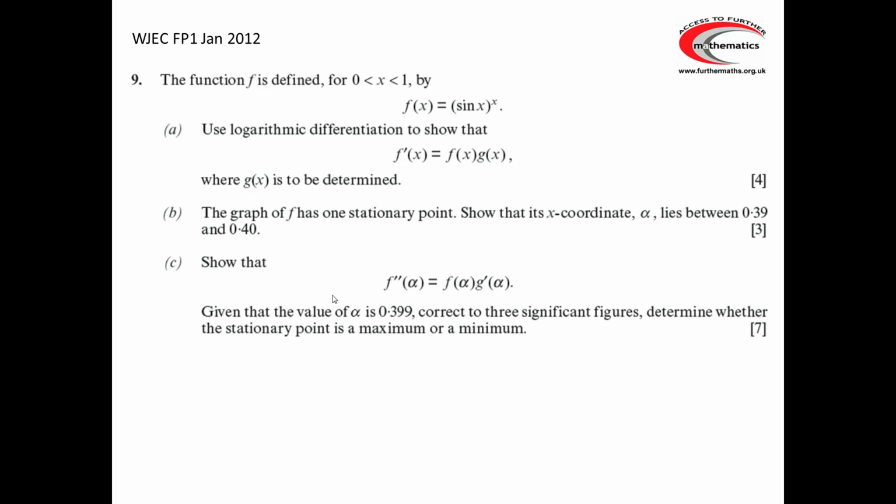The final 4 marks in the question, 2 were assigned for finding g'(alpha), and then the final 2 marks were for making use of the fact that once we knew that g'(alpha) was positive, that implied that f''(alpha) had to be positive, and hence that the stationary point had to be a minimum.